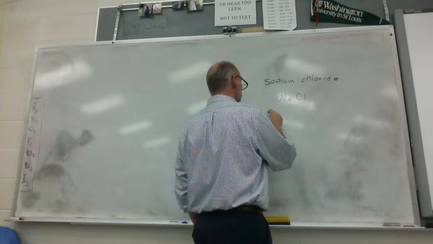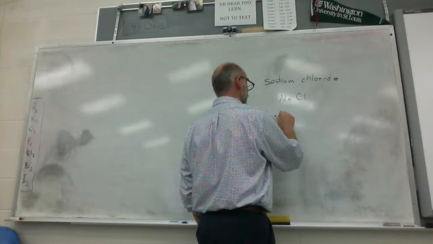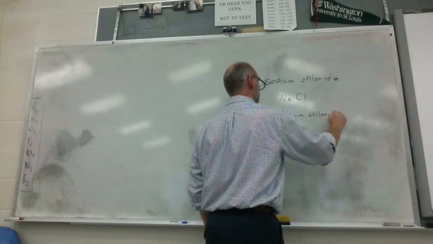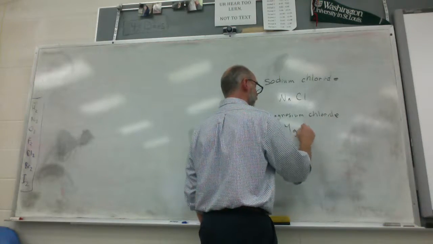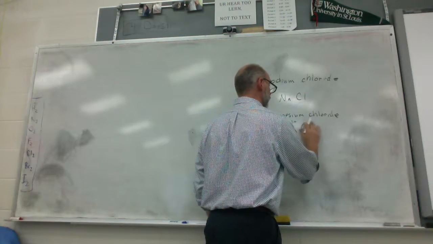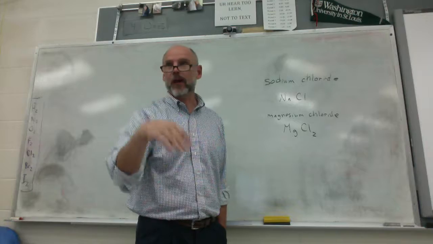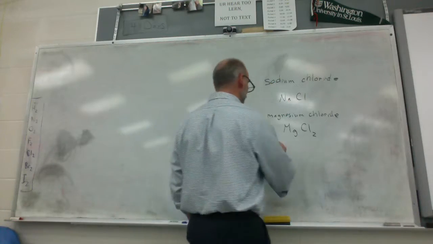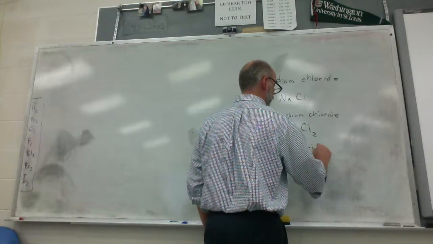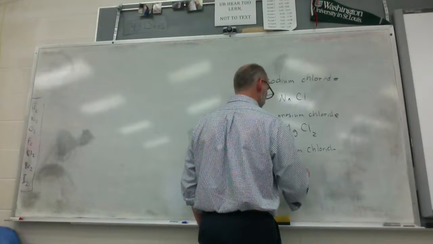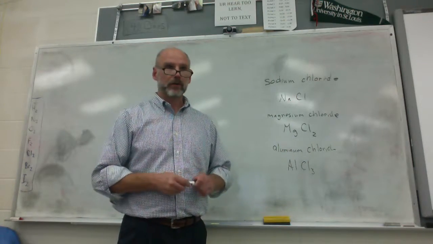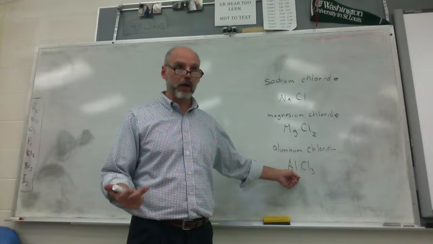What about the formula for, say, magnesium chloride? Well, it'd be Mg, Cl. Remember, this is 2 plus, this is 1 negative. MgCl2. That was probably on at least one of your assignments at some point in time, right? And what about aluminum chloride? Al with A, and it ends up being AlCl3. That was also probably one that we had done somewhere, okay?